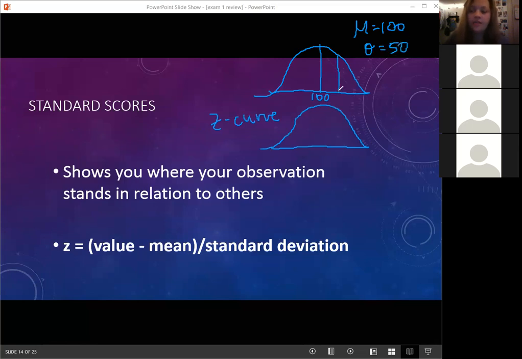If I were to go to 150 here, and we standardize this to make 100 into 0, then our 150 is going to end up being 1, because that's 1 standard deviation away. It's 50 units, 1 standard deviation. So it's just standardizing these scores into this normal z curve, so you're able to compare them to one another.